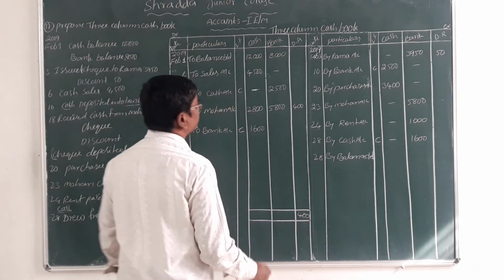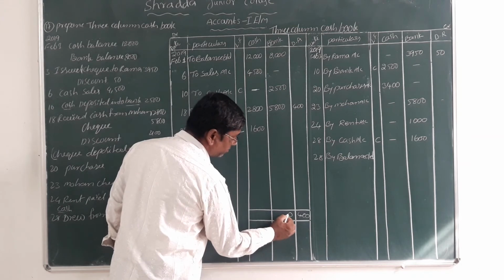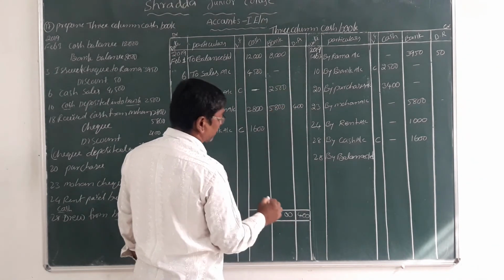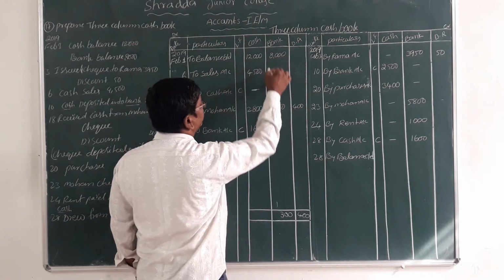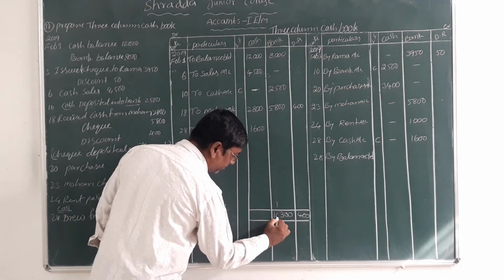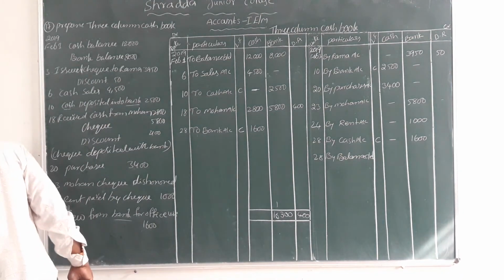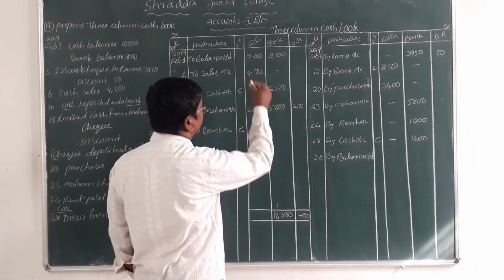Now what is the cash total? First column 0, second column also 0, and third column 5 plus 8 is 13, 3 and 8 plus 2 is 10, plus 5 is 15, plus 1 is 16. The amount is 16,300 rupees. Now let us do the cash amount.